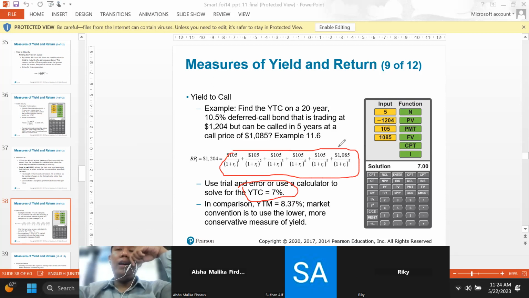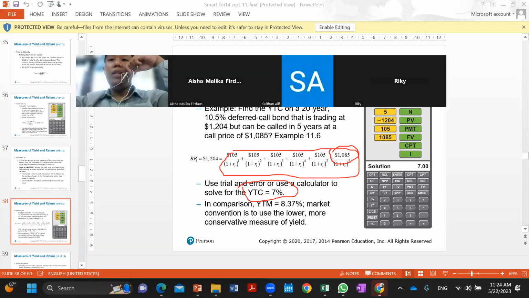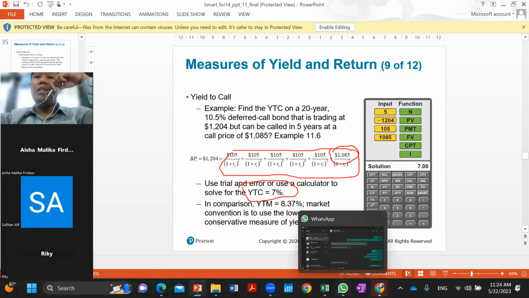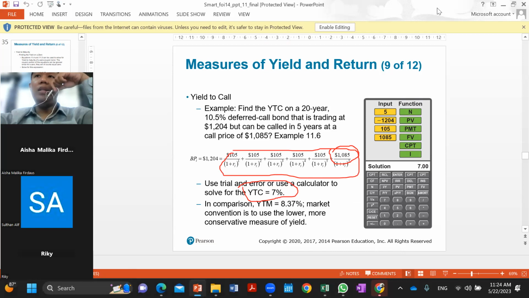And the face value will be 1085, while for yield to maturity we keep the face value at 1000. All right, do you understand the difference between yield to call, or should I make a simulation of this calculation?